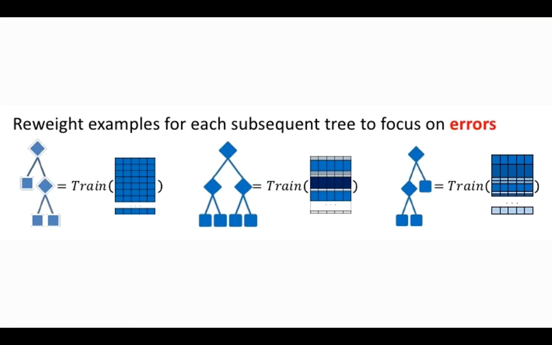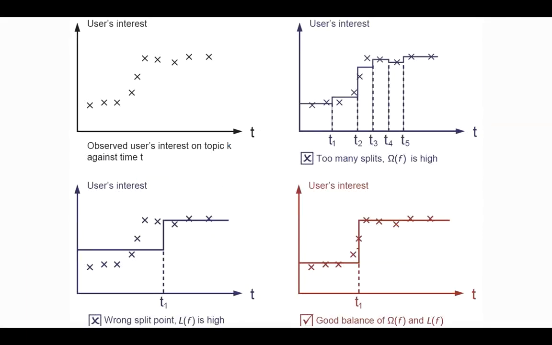This is just another way to visualize what I just said. You can see at each node, we're doing a training step based on focusing on where the errors were. If you look starting at the top left, you can see we started with the data, and the second step is the bottom left.